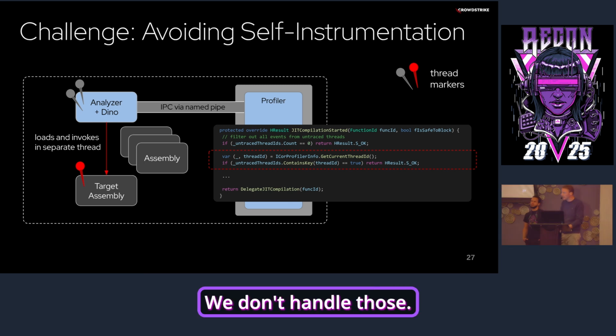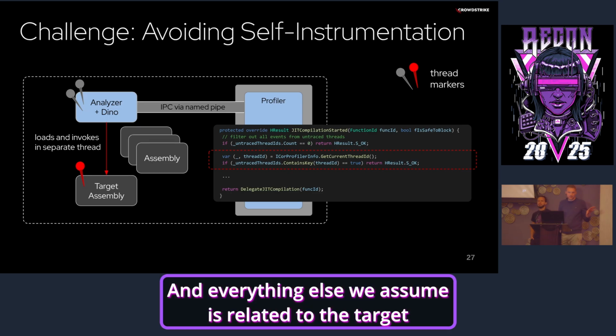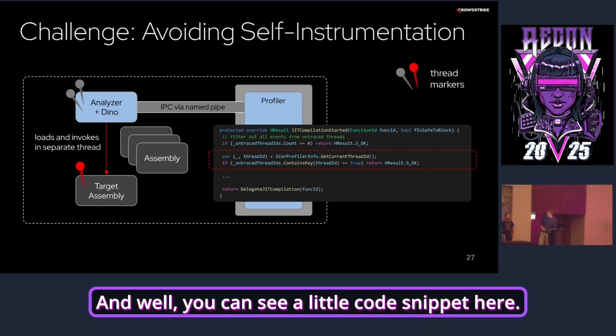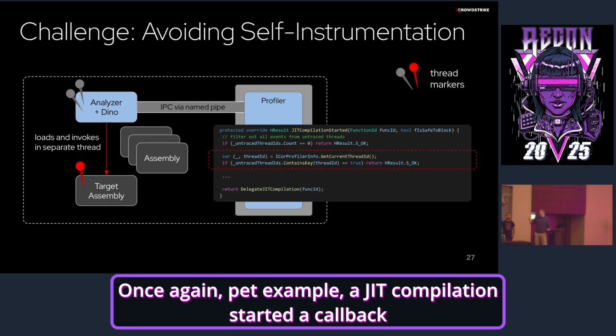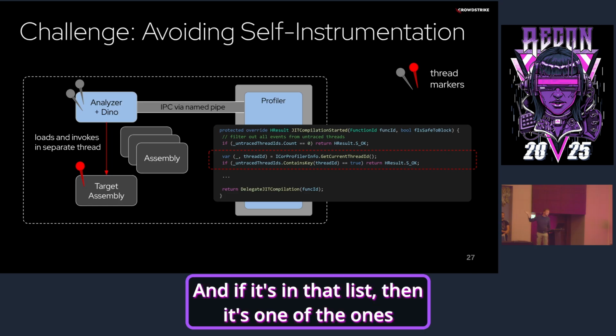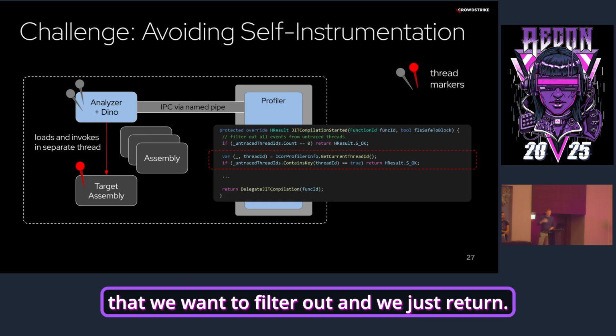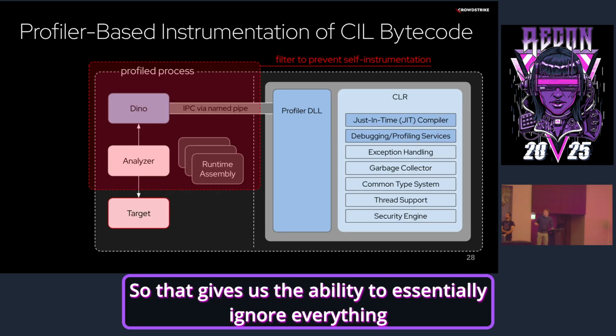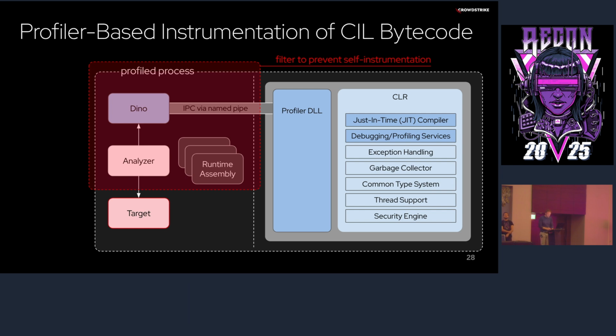We don't handle those, and everything else we assume is related to the target, because the target can obviously also spawn other threads. And well, you can see a little code snippet here. Once again, a pet example: a JIT compilation started callback that takes the thread ID and checks it against the list. And if it's in that list, then it's one of the ones that we want to filter out, and we just return. So that gives us the ability to essentially ignore everything that's in the red box there.